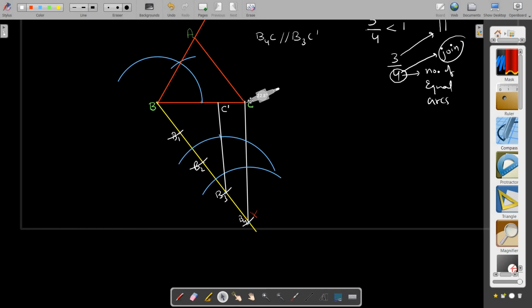So place the pointer at C, and draw an arc of a certain radius. With the same radius, pointer at C prime, draw another arc. So here also we are going to construct equal corresponding angles.